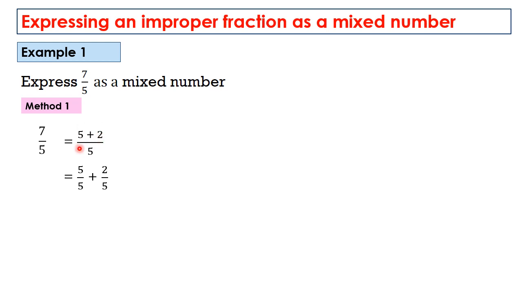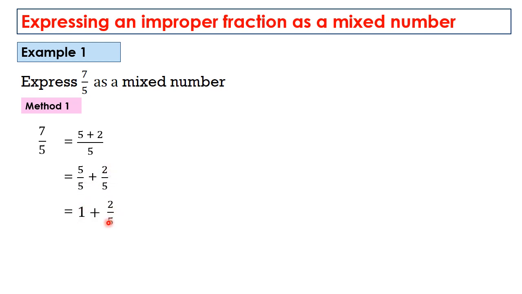After that, we can separate this combined fraction into two fractions, 5 over 5 plus 2 over 5. After separating into two fractions, 5 over 5 is 1.